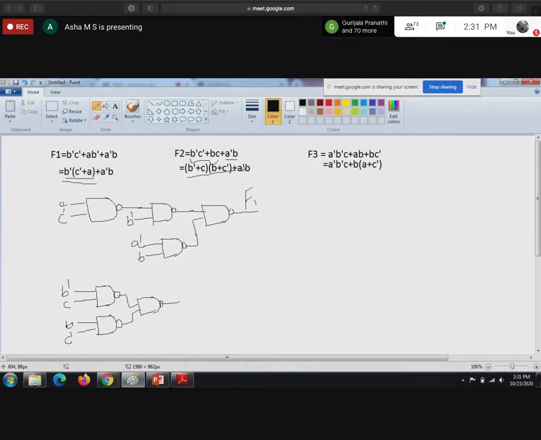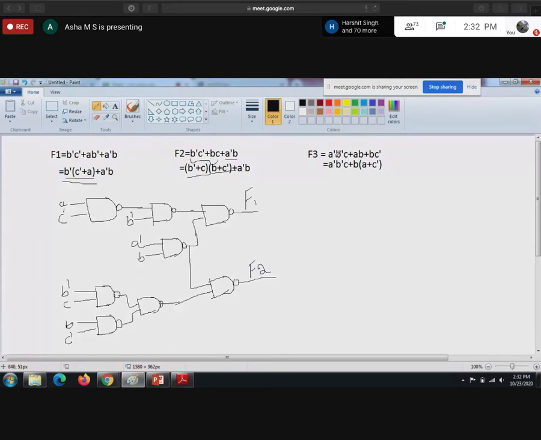So next we have A bar B. See, already we have a gate to obtain the output A bar B. So that is from where? Here, A bar B. So combine these two. So this will give F2.